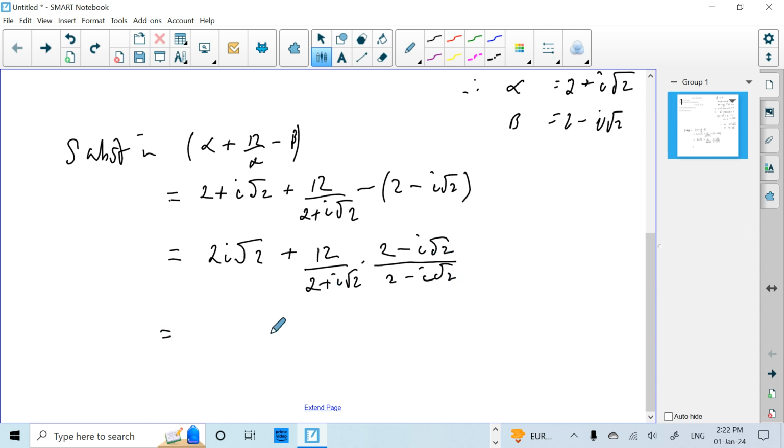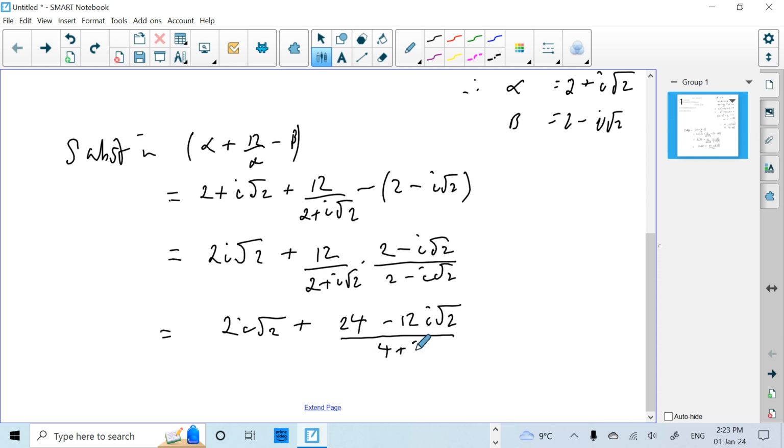And that gives us 2i root 2 plus 24 minus 12i root 2, all over 6, which is 4 plus 2.